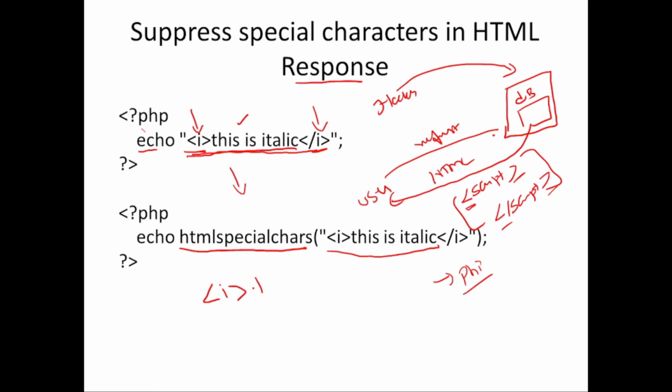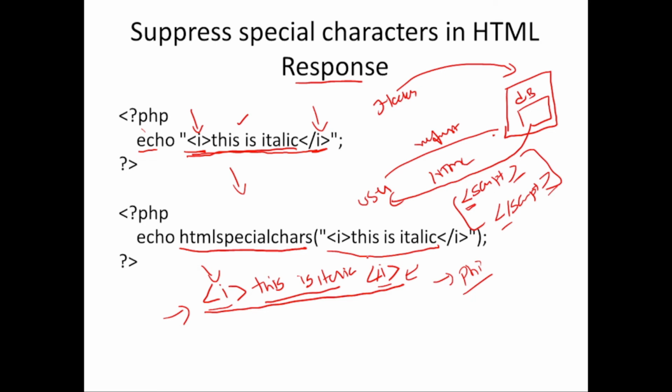It's just going to display the entire content out: this is italic, and then the tag will also be displayed. So it's not going to execute this as an HTML tag. It's just going to consider this to be content and display it. The text will not be in italics because we are just displaying it as content. Thereby we are preventing the browser from executing these things as tags. The browser will just display that as content to the user.